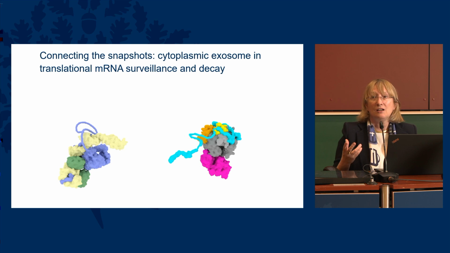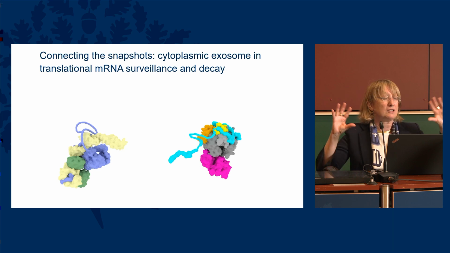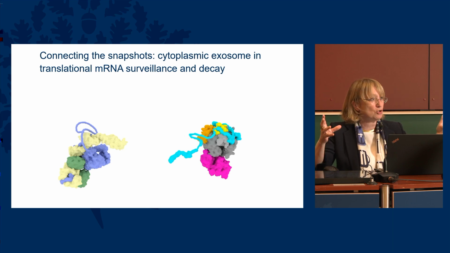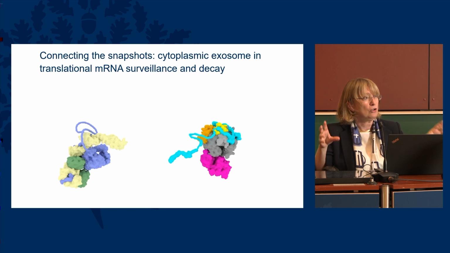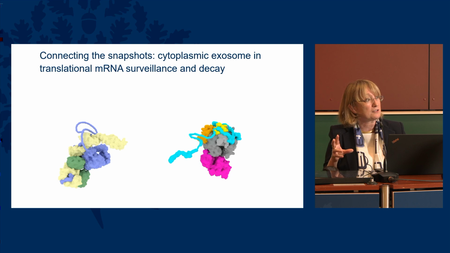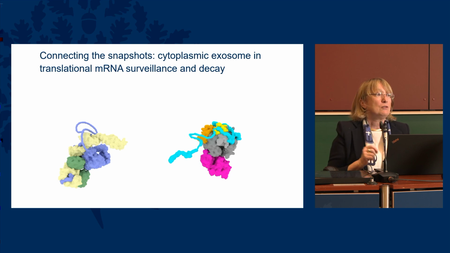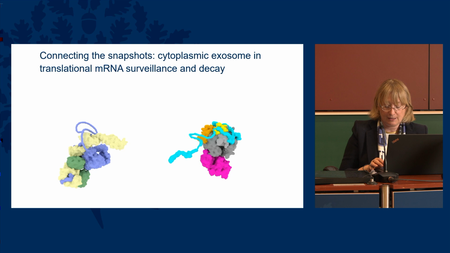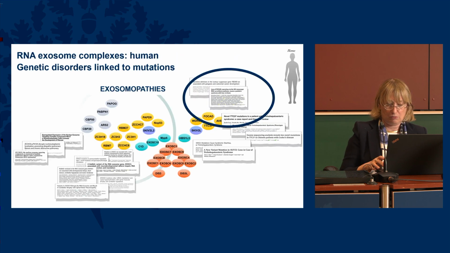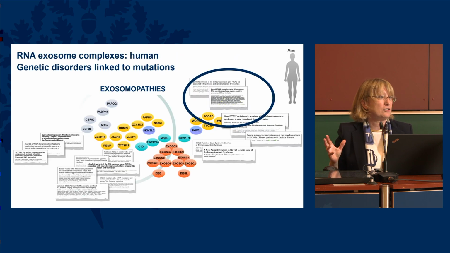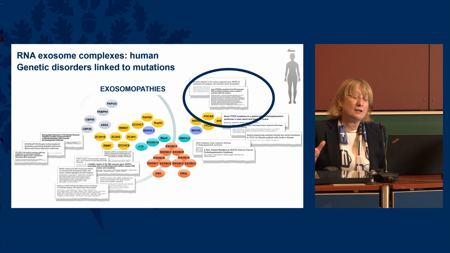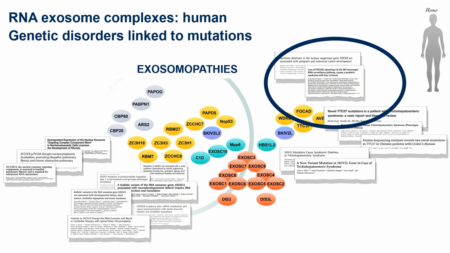So what do we want to do next? Well, obviously, we want to visualize this complex onto a problematic disome to try and see how it recruits the exosome there. Turns out we are probably missing some components, and in fact, there are other factors that have been recently identified which also are mutated in genetic disorders that we believe are part of the recognition systems.